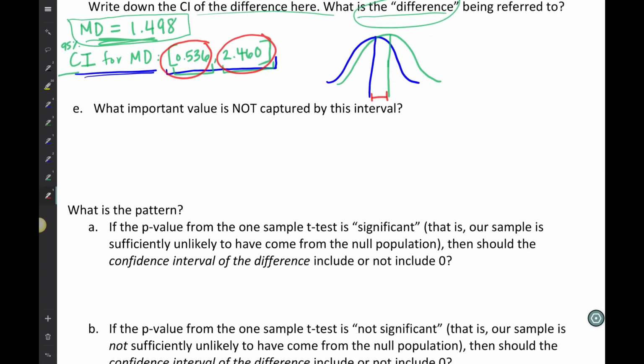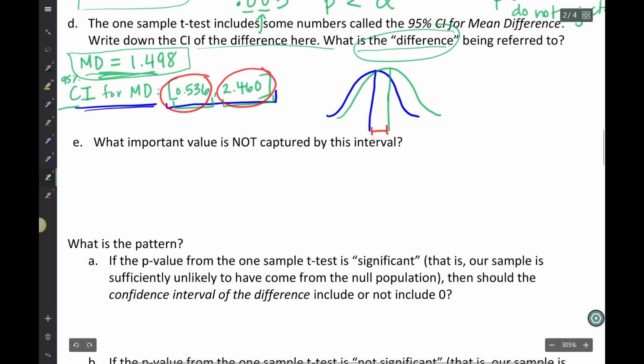So what important value is not captured by this interval? Keep in mind the null is saying this: if the null is true, those two curves are essentially the same thing. They're right on top of each other.